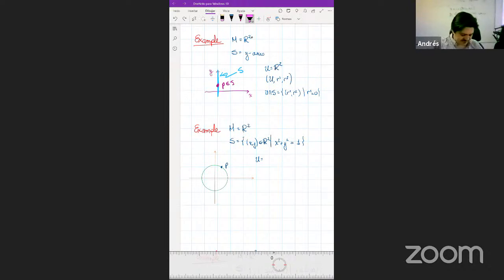Okay, then, there are different ways of doing this. I'm going to use the polar coordinate charts.